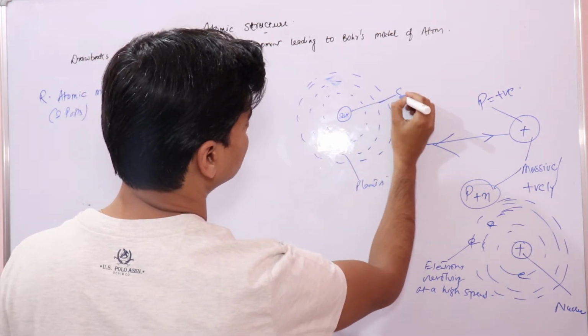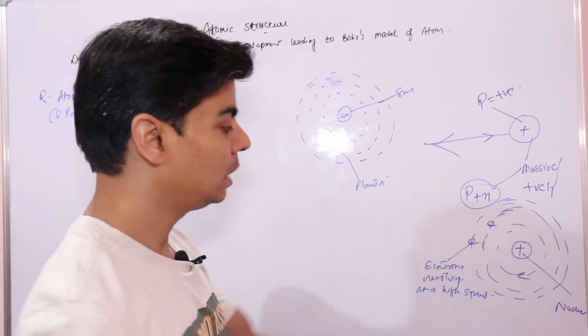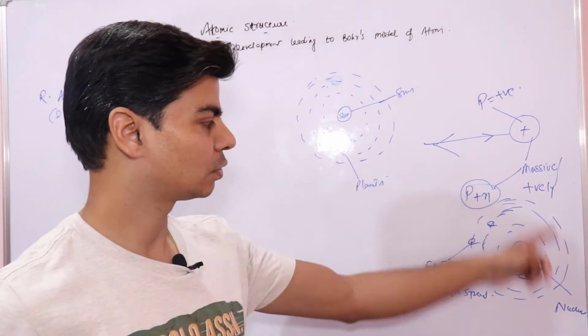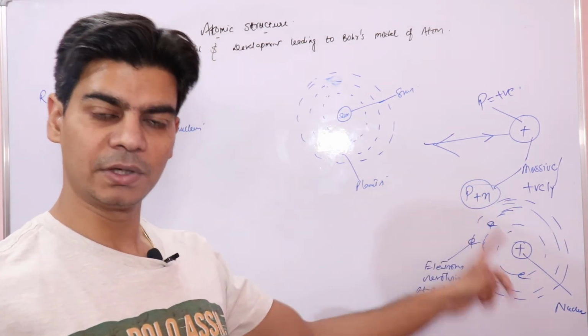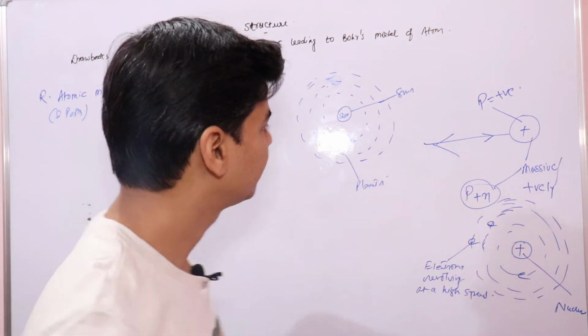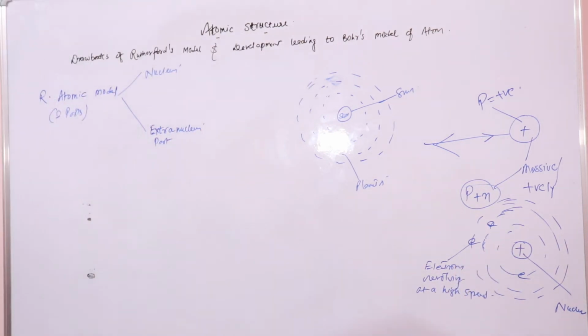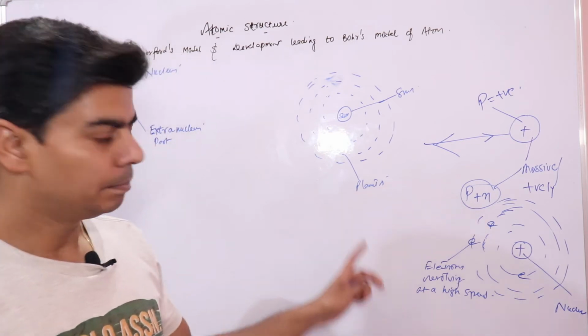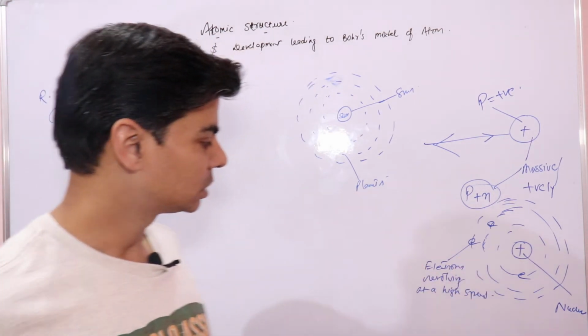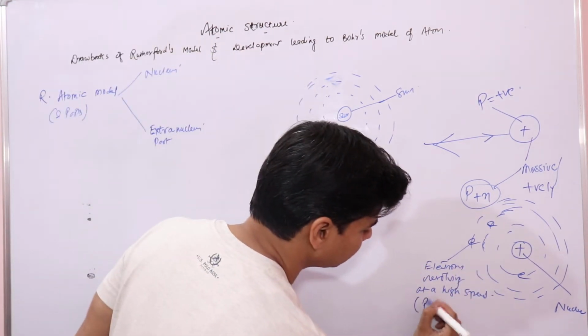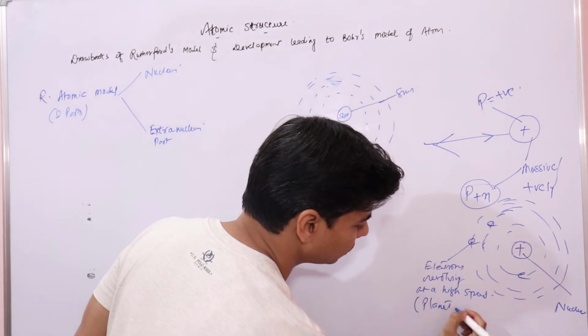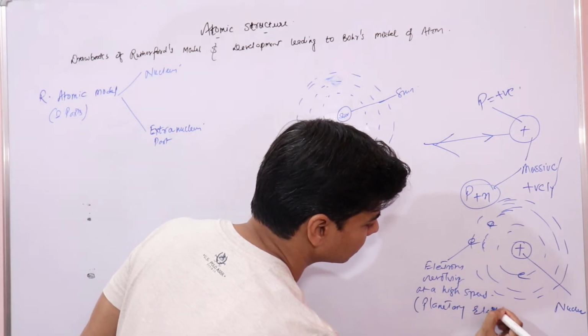And the sun is at the center. Similarly, the nucleus is at the center and electrons are revolving in different orbits at a high speed, right? Due to this comparison, these electrons are known as planetary electrons, because they are compared to planets.